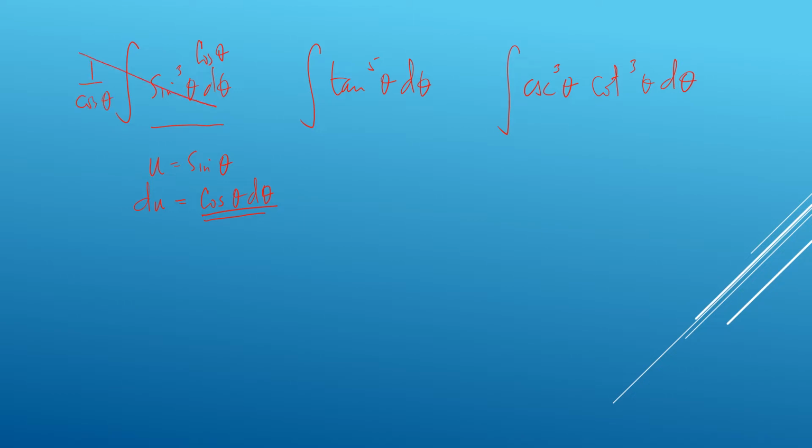We are not allowed to do that. We can only introduce a constant in the integrand and pre-multiply it by its reciprocal, but not a variable or a function. The same thing goes for tangent to the fifth theta d theta and cosecant cubed theta cotangent cubed theta d theta. We cannot, as of the moment, use the generalized power formula.